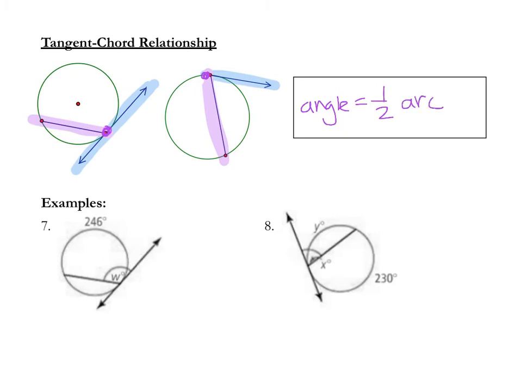So if you look at number 7, if I want to find angle W and they're giving me that arc inside, again, it's this idea of here's the angle we're trying to find, this is the arc inside of there, then I can just take half of 246, and that tells me that W is going to equal 123.